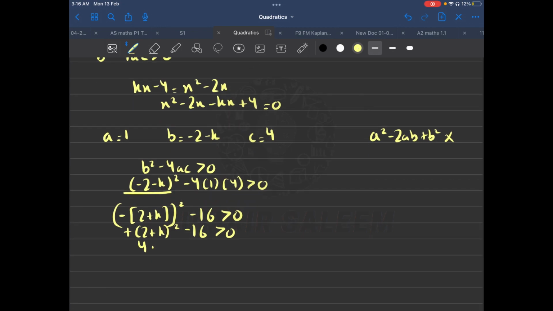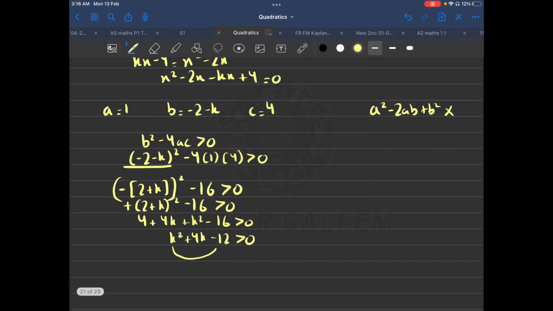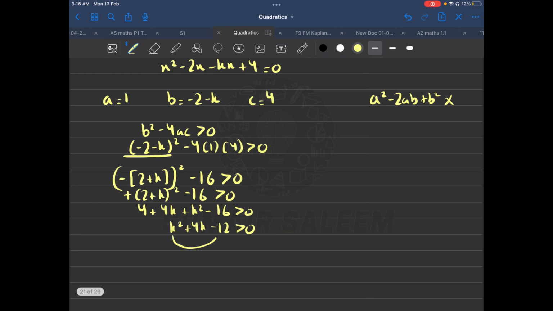Let's expand. 4 plus 4k plus k square minus 16 greater than 0. k square plus 4k minus 12. Now, what are the factors of 12? Sir, 6 and 2, because the sign here is minus. So, k square plus 6k minus 2k minus 12 greater than 0.